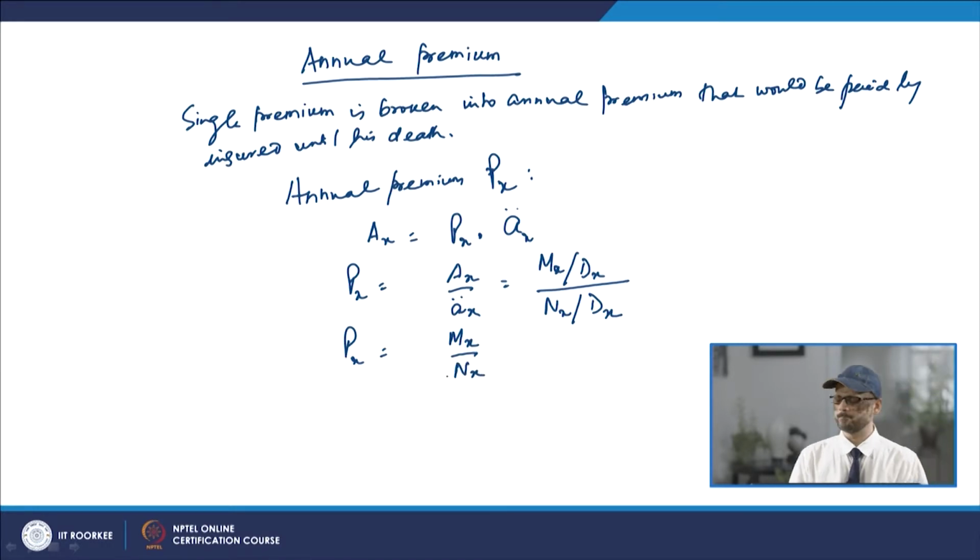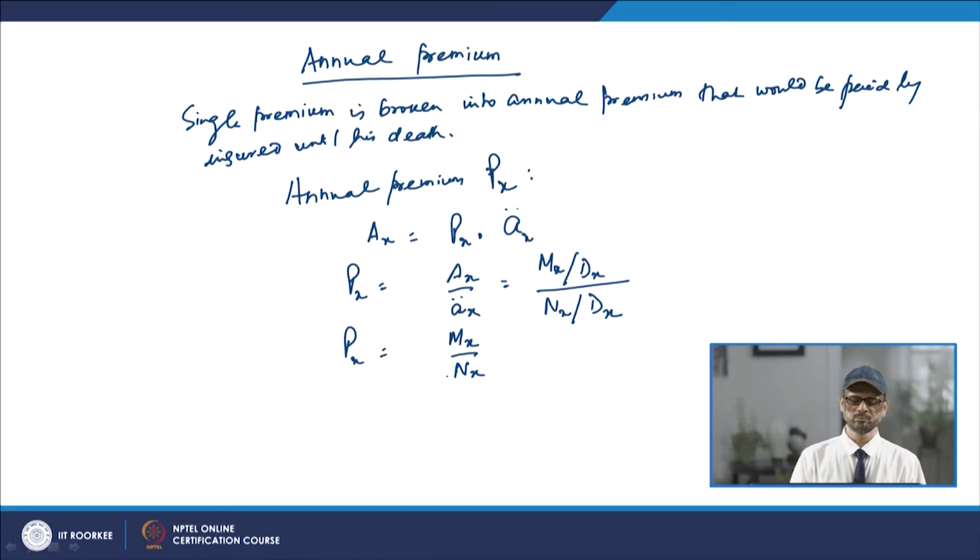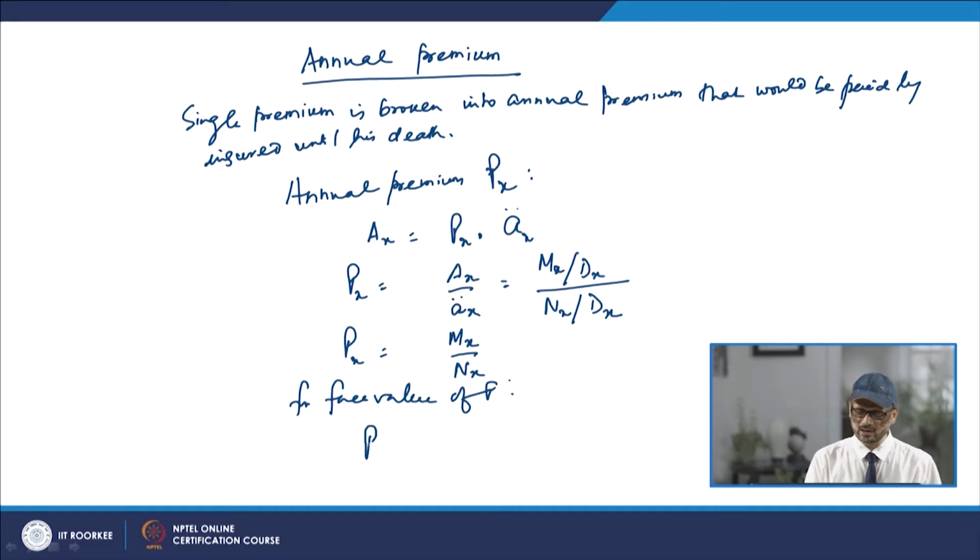This is for the annual premium which we will be paying till his death, and this is for $1 payment. So Px equals Mx by Nx for the face value of 1. If we have the face value F, the annual premium will be F into Mx upon Nx.